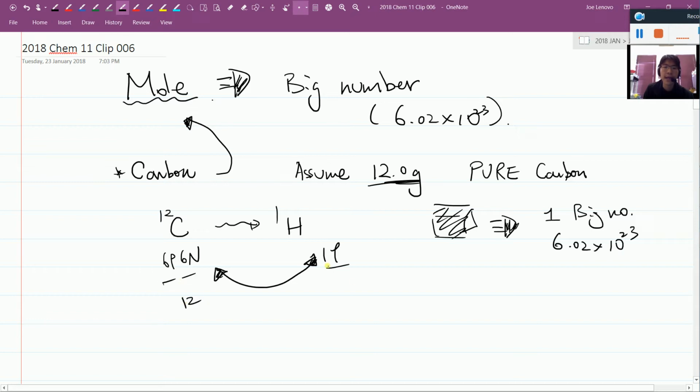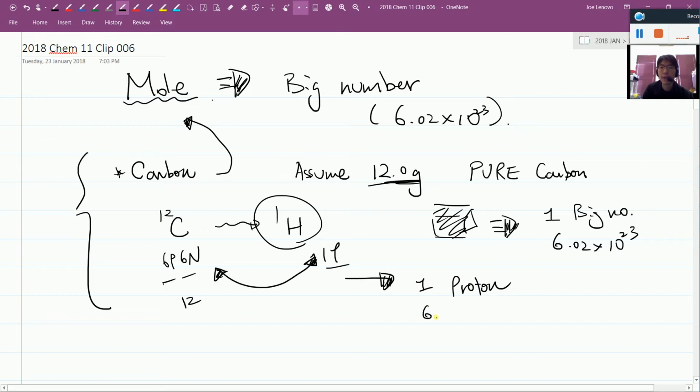And 1 hydrogen proton would equal 1 gram. So by doing these assumptions, we can say that if you have 1 Avogadro's number of protons, it weighs 1 gram.